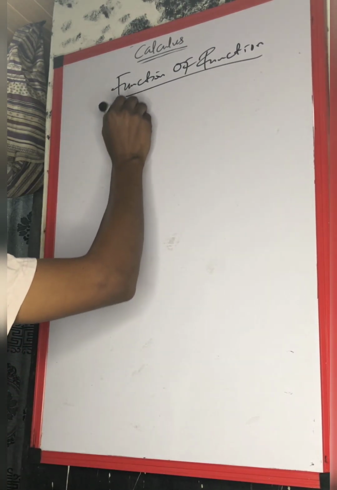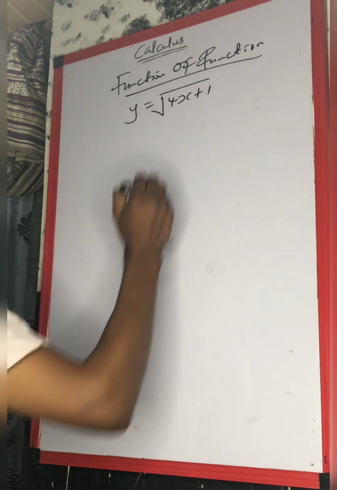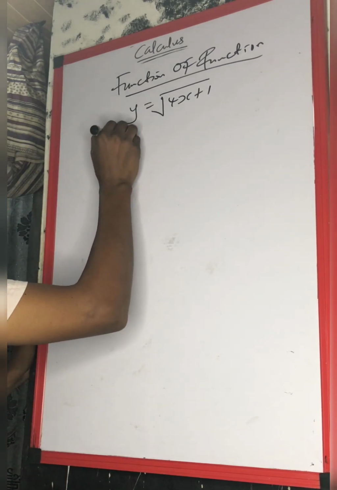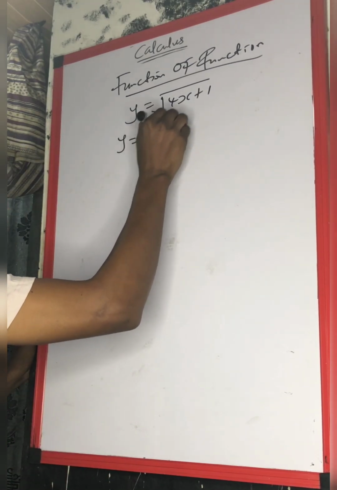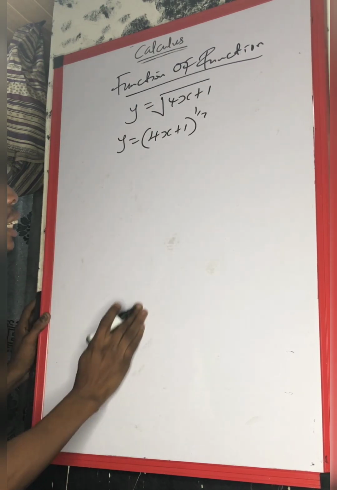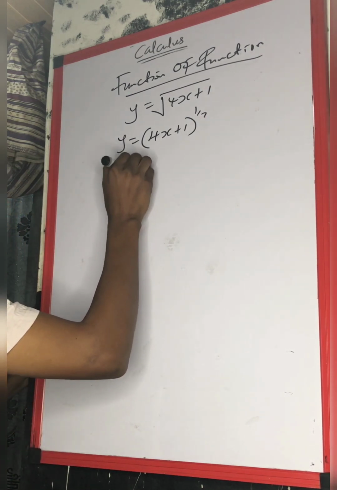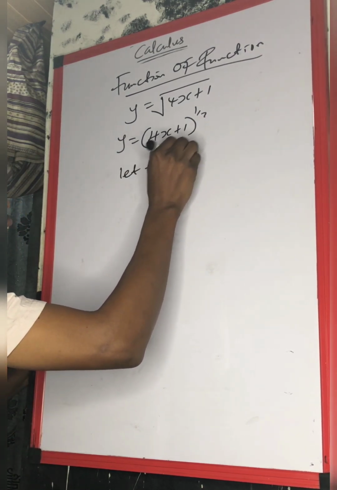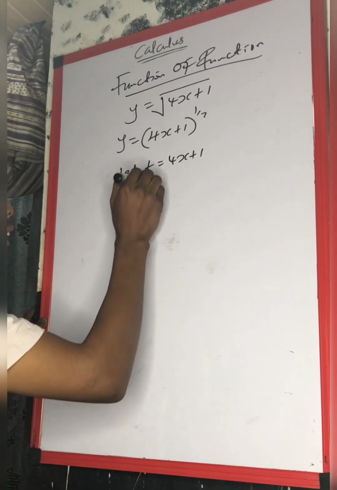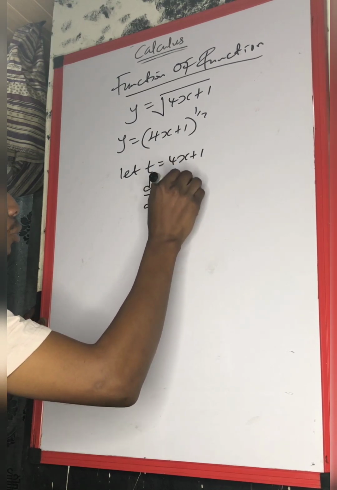Okay, let's move to the next question. We have y equals root of 4x plus 1. In breaking this down first, it is y equals (4x plus 1) raised to the power of half. Like I said, you assign a variable to the bracket. You can say let t equal 4x plus 1. Can I differentiate t with respect to x? It becomes dt/dx equals 4.